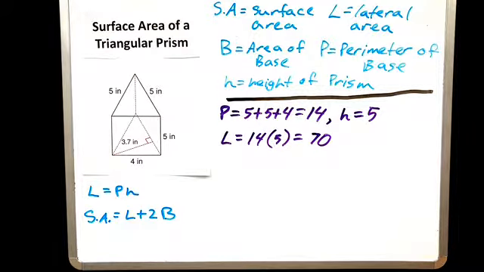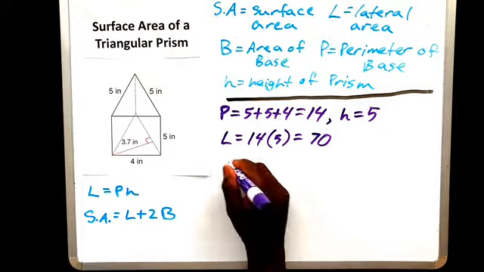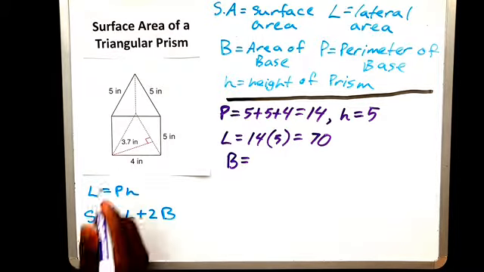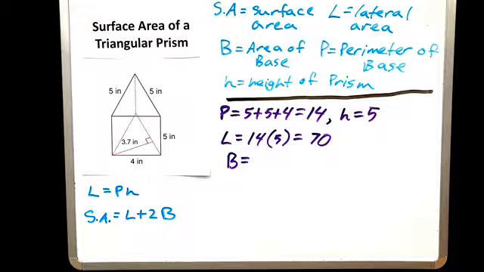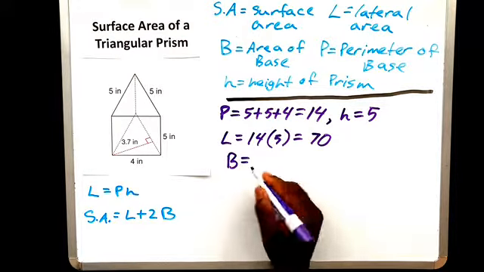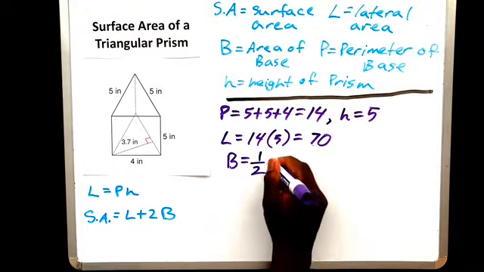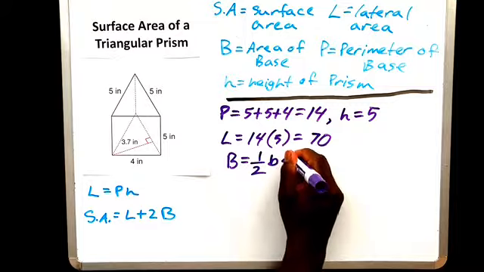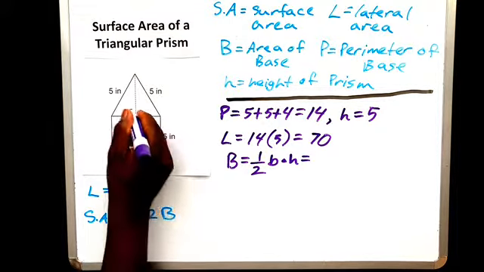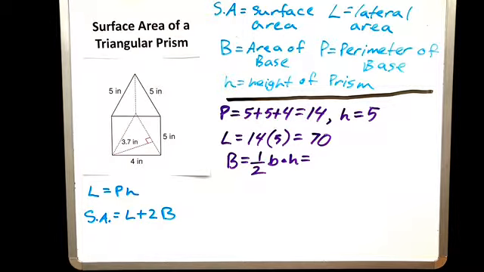Now, we also can find the area of the base, big B. The base is the shape of a triangle, so to find the area of a triangle, because big B represents the area of the base, the area of the triangle is 1/2 base times height. We're looking at this triangle right here, and we know the height of the triangle is 3.7.